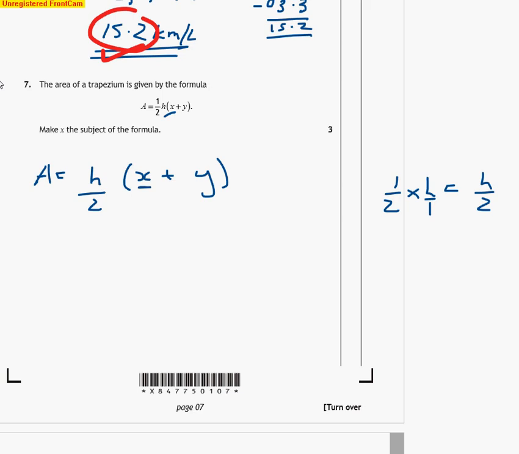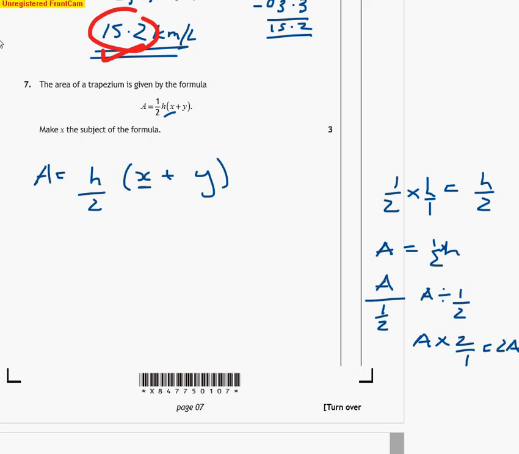Okay? If we say we've got a is equal to a half h, so a half times h, we want to move over, we're doing a divided by a half. So if we do it divided by a half, we're basically saying a divided by a half, which is the same as saying a times 2 over 1, which is 2a. That's your KFC, remember? Keep, flip, change. Okay, so different ways to think about that one.